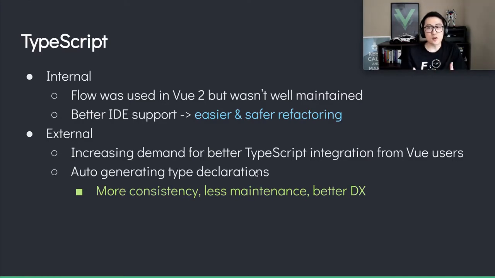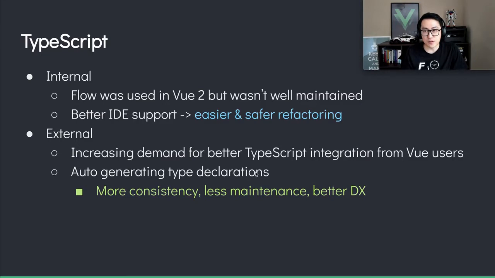Now, externally, we are also seeing an increasing demand for better TypeScript integration from Vue users. We have more and more users trying to use Vue with TypeScript, but the TypeScript support in Vue 2 was not so satisfactory, largely because we only added type support at a later stage when Vue 2 was already kind of finished.